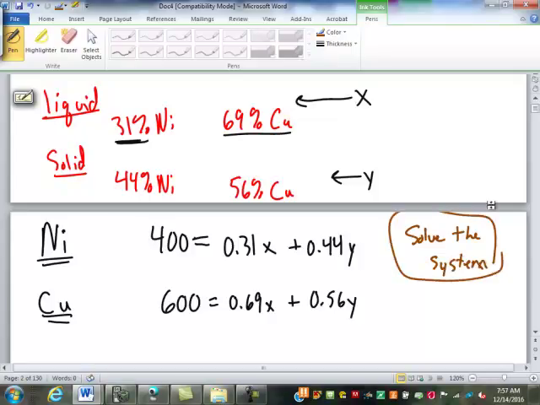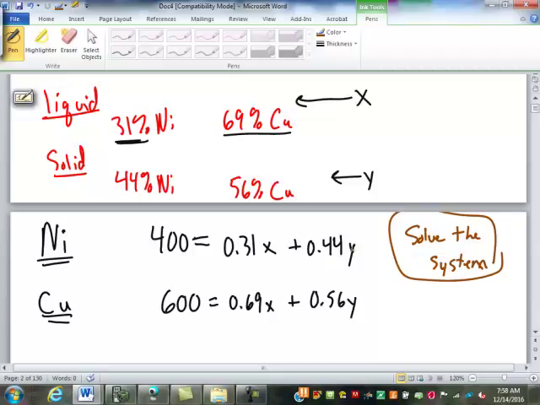So to solve this system of equations, I'm going to use the elimination method, or the addition method, if you want to call it that. But I'm going to take a slightly different approach. Instead of multiplying the equations, I'm going to divide them. Because let's face it, if I look at this 0.31 and 0.69, what's the least common multiple of that? Who the heck knows, right? So I'm just going to pick one of my variables and turn them both into 1.